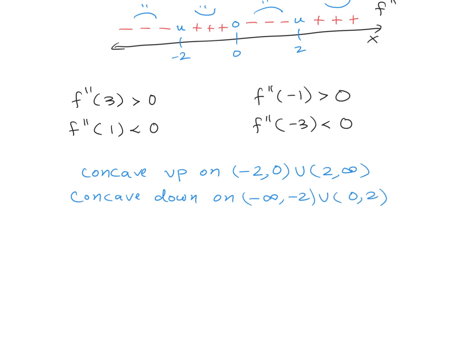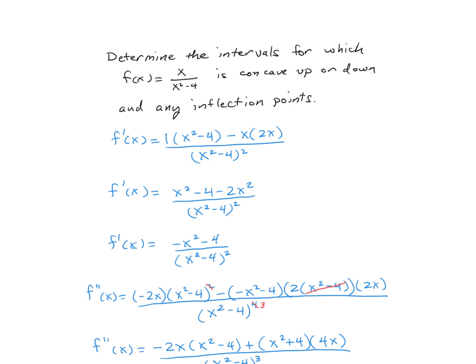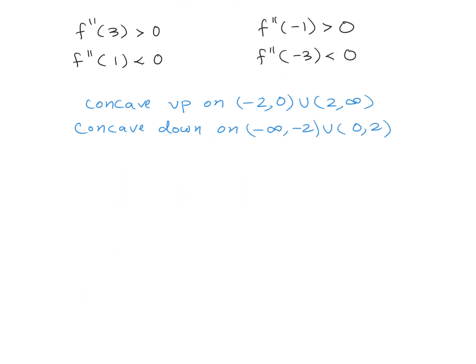And you will notice here that we don't have an inflection point at negative 2 because we are undefined there, so there's no point on the graph. However, we do change concavity at 0, and 0 is in the domain of the original function. So that function value actually ends up being 0. So we know that the point 0, 0 is an inflection point.